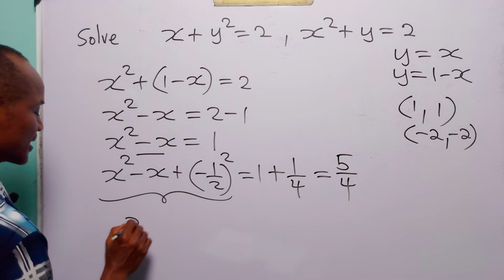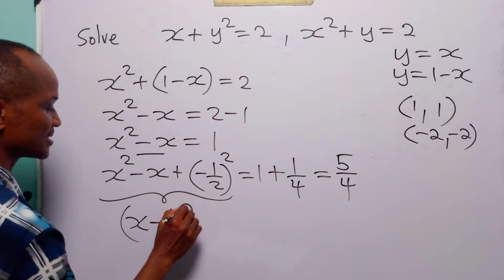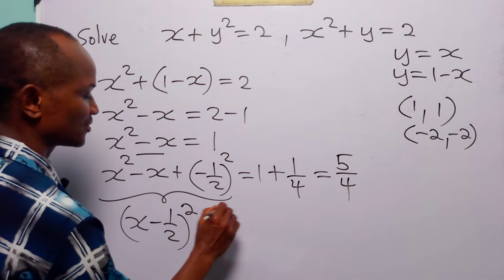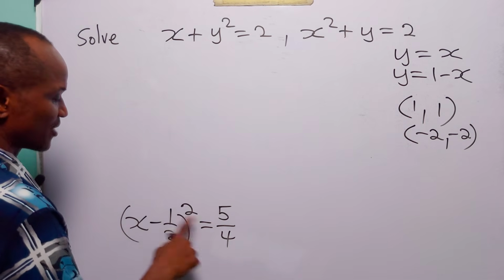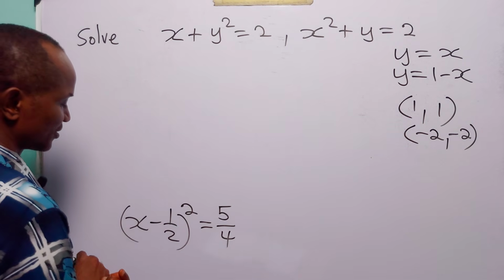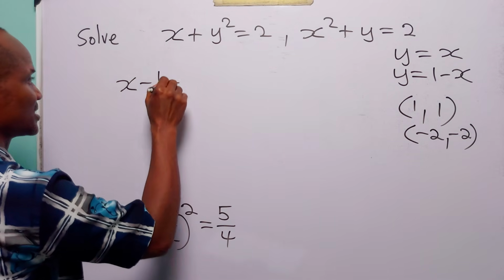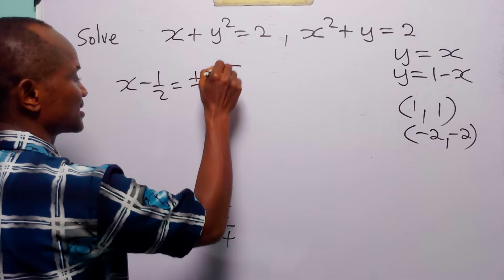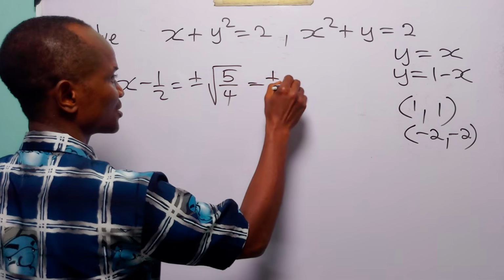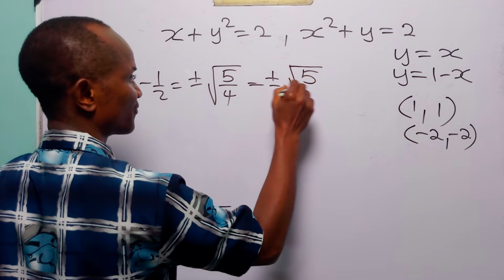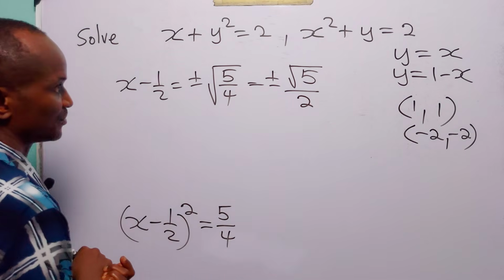So we take x and we take minus half and we square. And this is equal to 5 over 4. Now we take the square root of both sides of the equation. When we do that, we have that x minus half is equal to plus or minus the square root of 5 over 4. This is equal to plus or minus the square root of 5 divided by the square root of 4, which is equal to 2.